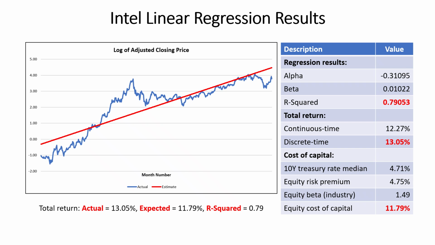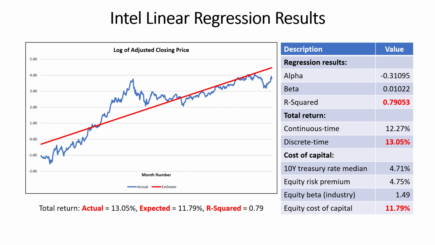R squareds go from 0 to 1, 1 being the best. So if the R squared was 1, that would basically say that if we wanted to predict stock price into the future using that regression model, it would be a perfect match. But 0.79 is not perfect, but it's very close.